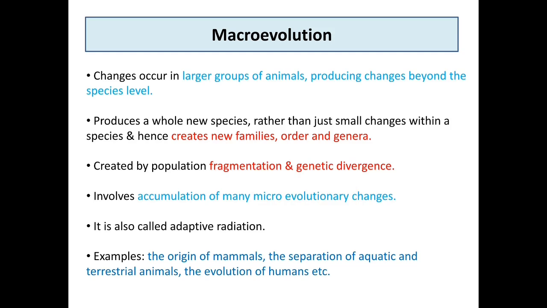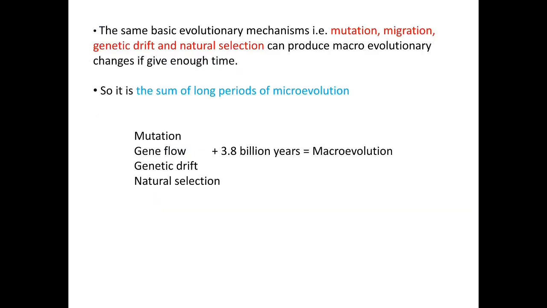Examples of this type of evolution are the origin of mammals, the separation of aquatic and terrestrial animals, and evolution of humans, etc. In case of macroevolution, some evolutionary mechanisms are also involved. As in microevolution, in macroevolution also the same mechanisms are involved, that is mutation, migration, genetic drift and natural selection.